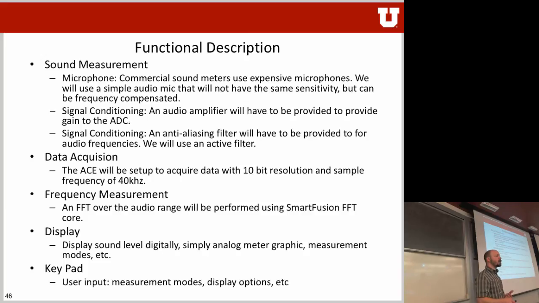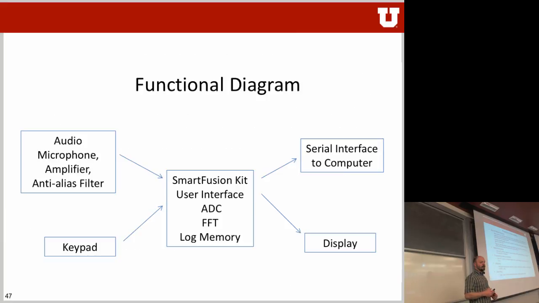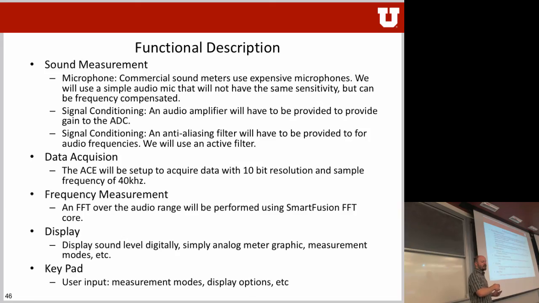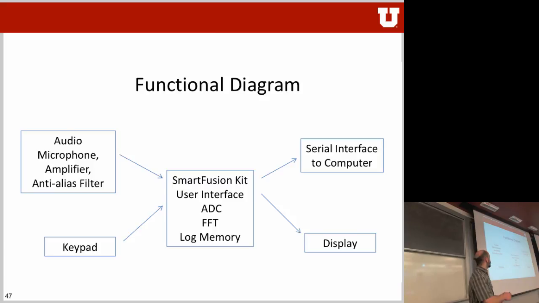I want a functional description telling me what this all does, how you plan to implement it, what functions should be done where, what the different entities are that you have to get. I want a functional diagram that puts what you have in here into a diagram. So for example, we have an audio microphone, amplifier, anti-aliasing filter, a keypad. Here we would have our SmartFusion user interface, ADC, sampling everything, and then some output over here. All right?